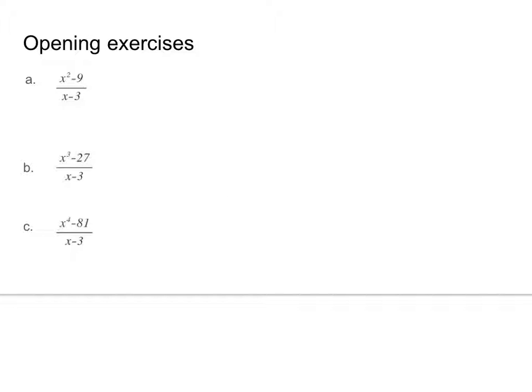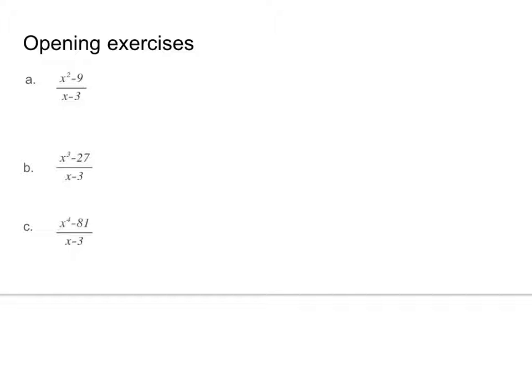The opening exercises. These are all division problems, but what we want to do here is recognize some patterns. So the instructions say to work these out on your own and work with a partner, but I'm just going to point out some patterns to you so that you can log them in the back of your mind and try to remember them.